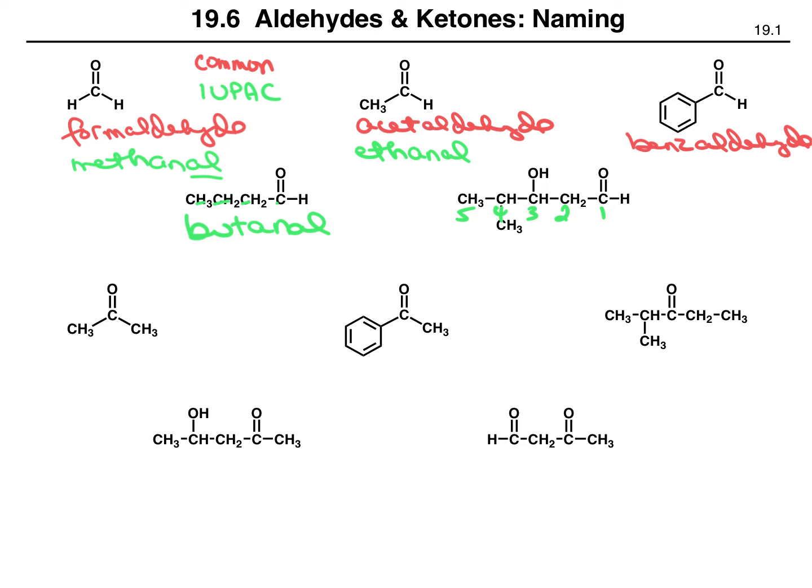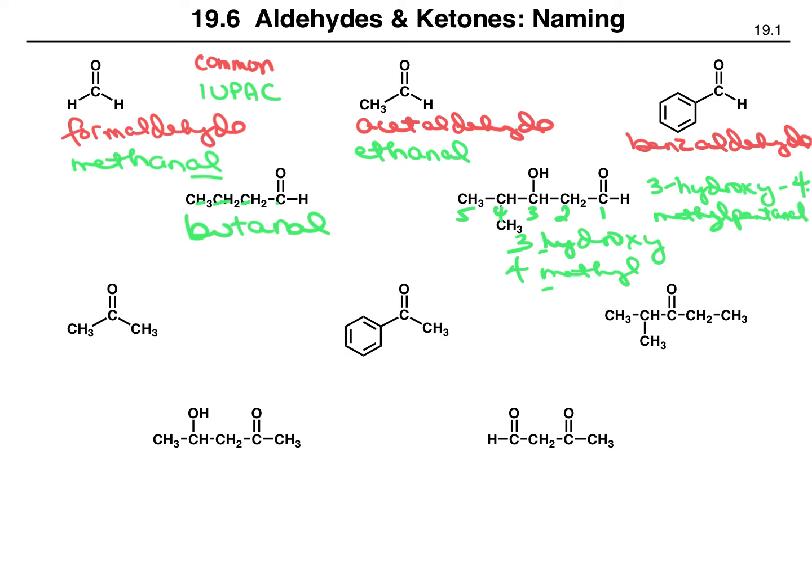We have a hydroxy group at position 3, and we have a methyl group at position 4, and then we write them alphabetically. So this would be 3-hydroxy-4-methylpentanal.